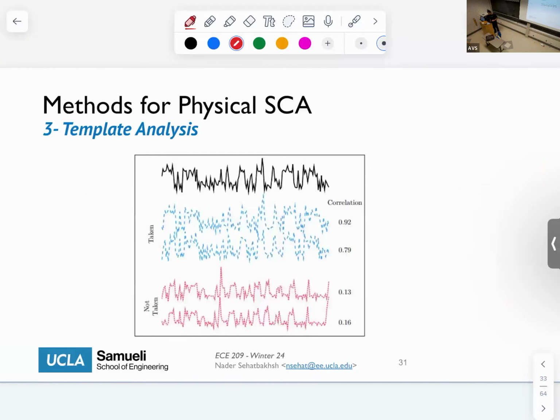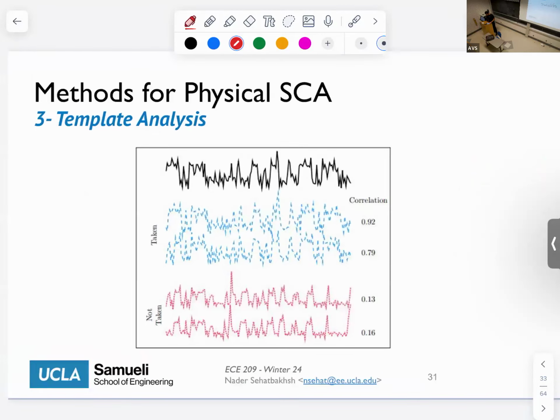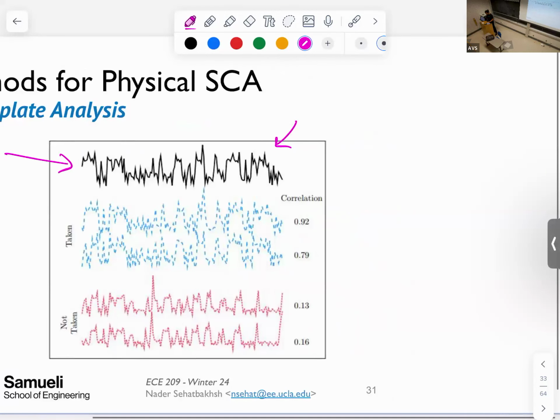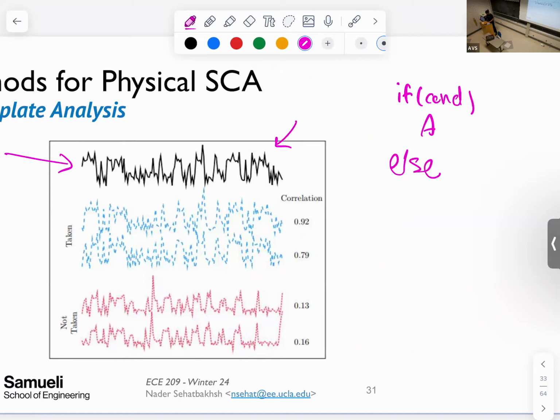So to give you an example, this is one paper that we did. Let's say I want to see what the signal is. I observe this pattern, and let's say I have a code like this: if some condition, do A, else do B. A and B are just sequences of things, like adding two numbers, subtracting two numbers, and so on.